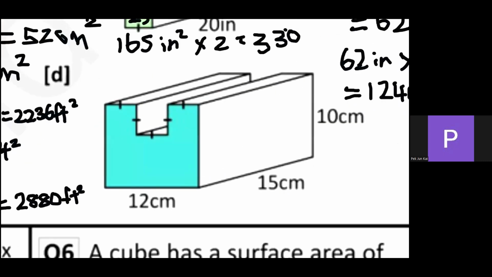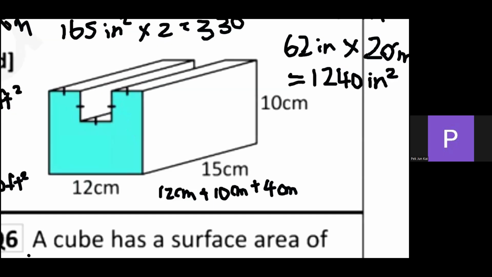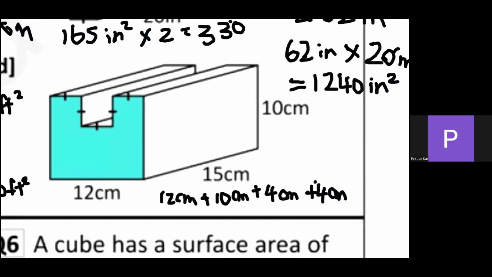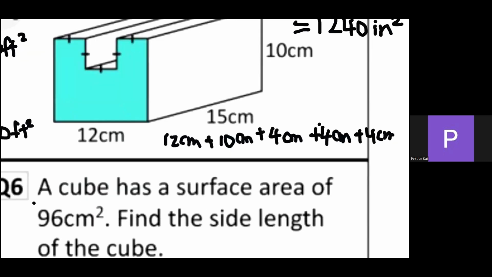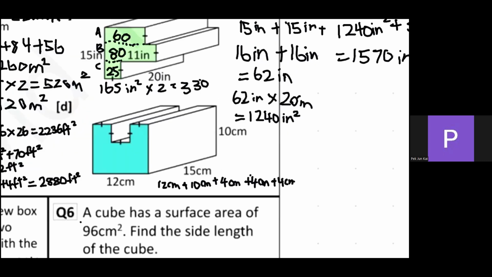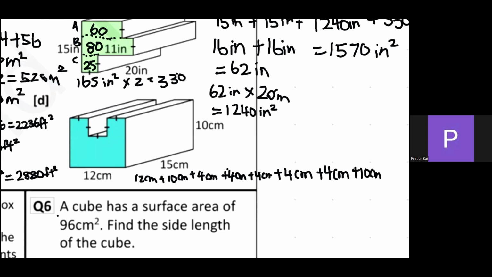So question D, we can also calculate the perimeter of the cross section first. So 12 centimeters plus 10 centimeters plus 4 centimeters here plus 4 centimeters plus 4 centimeters plus 4 centimeters plus 4 centimeters plus 10 centimeters, and we would get the perimeter, which is 52 centimeters.